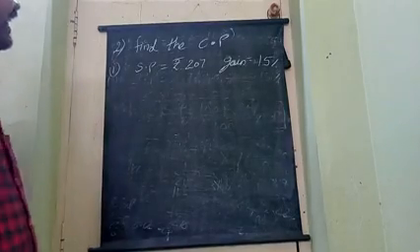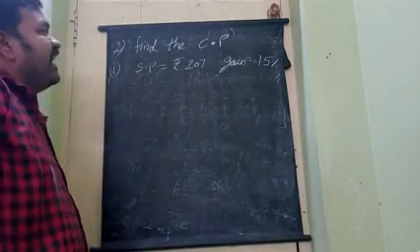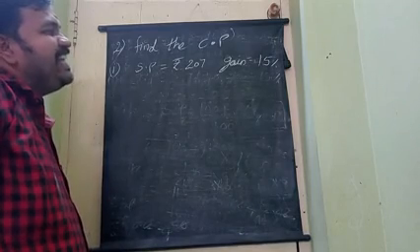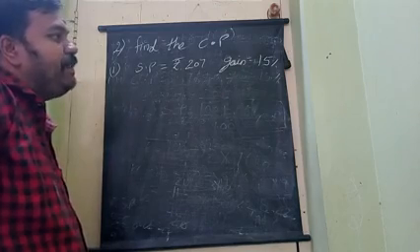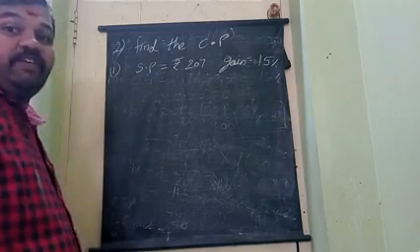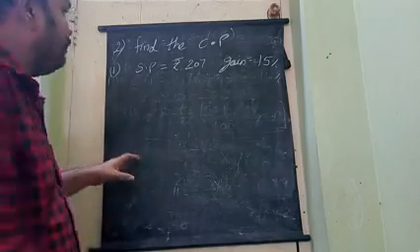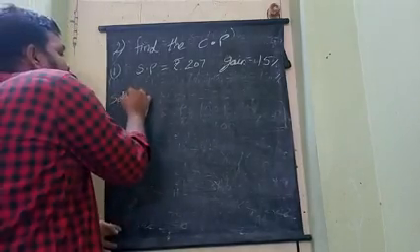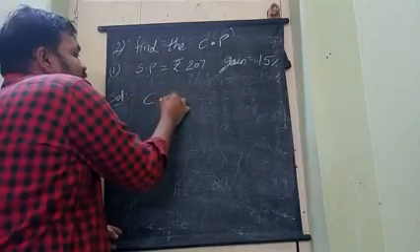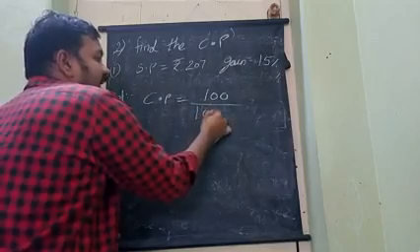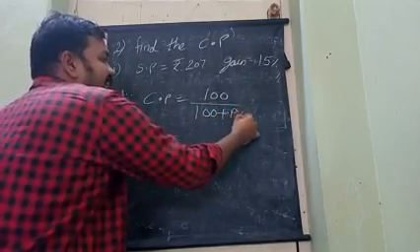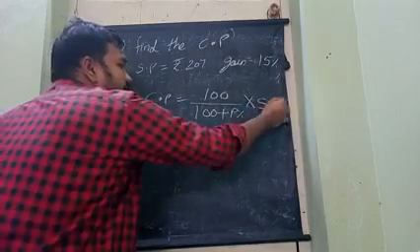So like this only, the second problem. Find the CP. SP is equal to rupees 207. Gain is 15%. The selling price is given as 207 and the gain is given as 15%. So here profit is given in percentage form, so we write the biggest formula for CP. CP is equal to 100 by (100 plus profit percent) into SP.